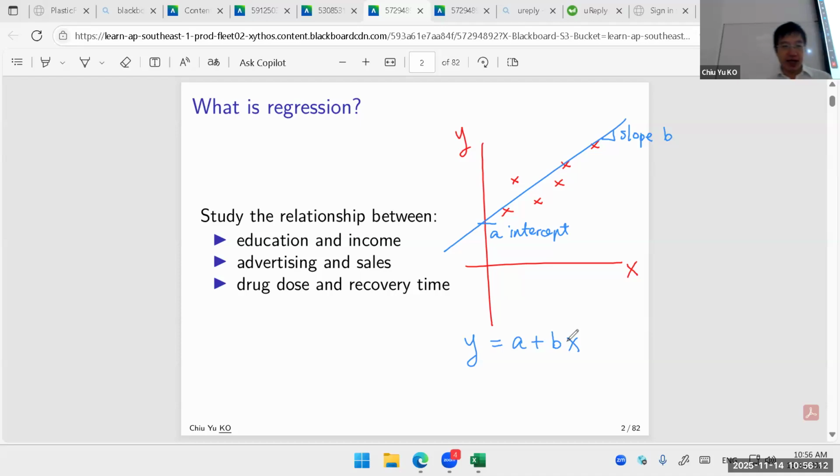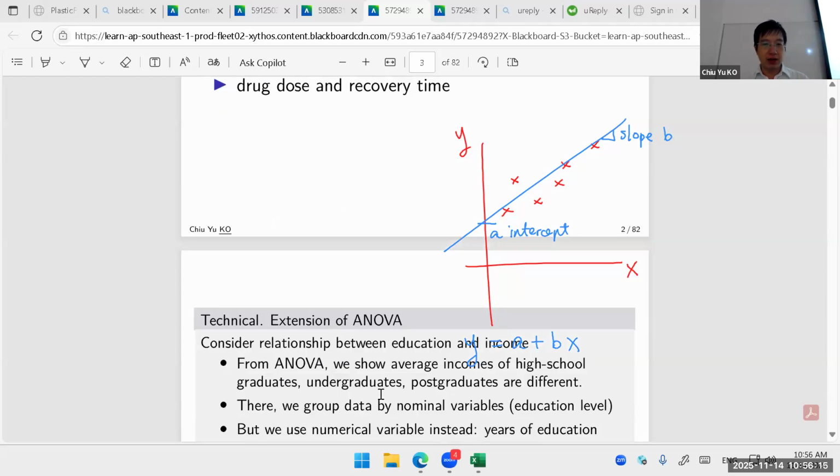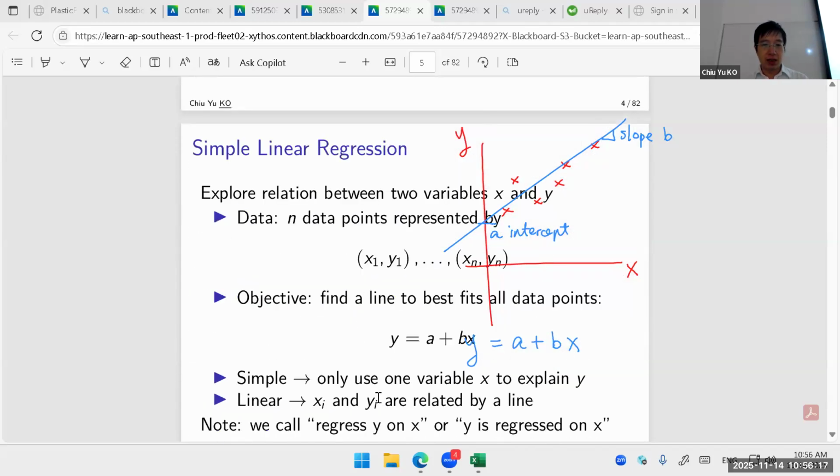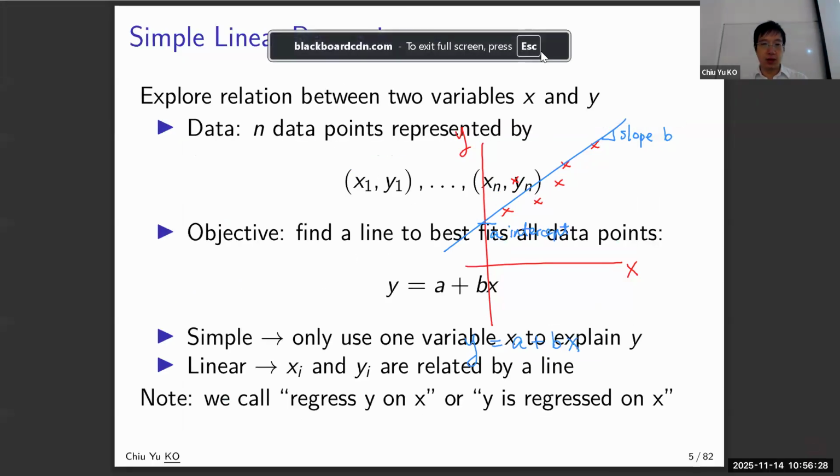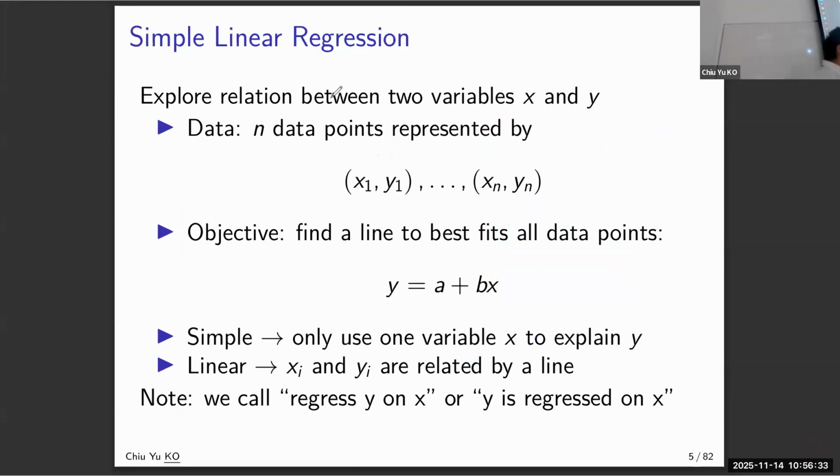Now once we have that, we are going to talk about what we mean by that. Although we said regression, our class only focuses on something we call simple linear regression. As I said, in the other course in 2021, you spend the whole semester learning regression.